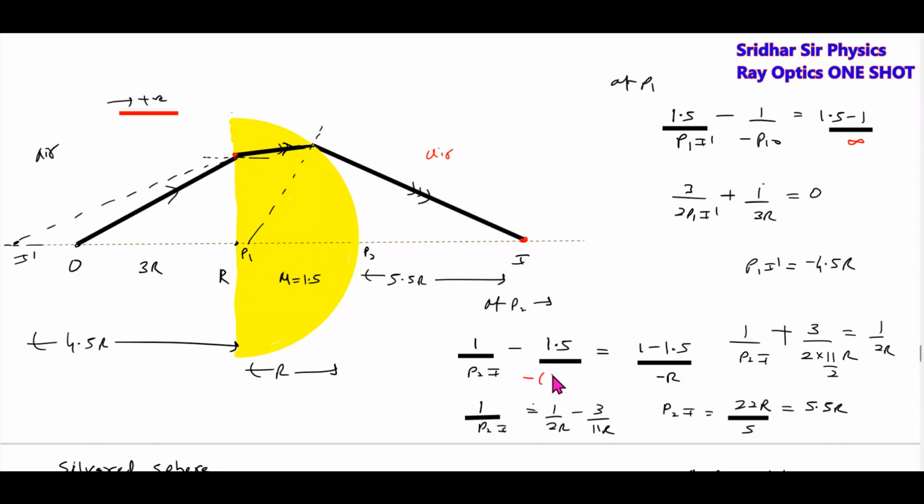It will be like this: R plus 4.5R. Why the negative sign? Because you are measuring P2I dash opposite to the incident ray. R will be negative. You measure the radius in this direction, but the radius of curvature is measured opposite to the incident ray, so negative. Solving this, we'll get P2I equal to how much? 5.5R. So this will be the real image.